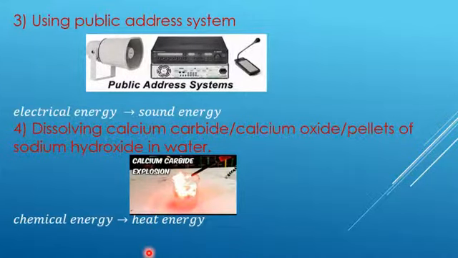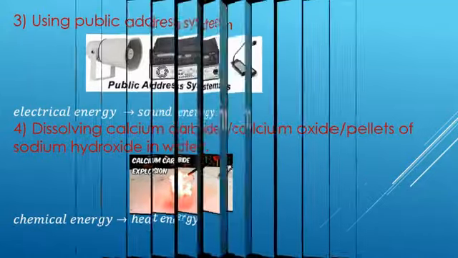We have chemical energy to what? Heat energy. As simple as that. So these are some everyday activities, or some activities in the lab, that demonstrate how energy is transformed from one form to another.